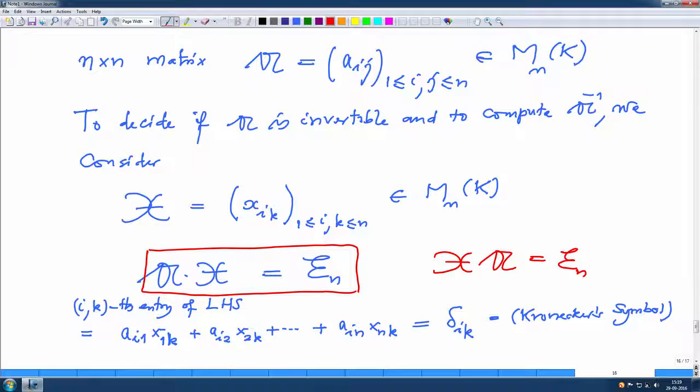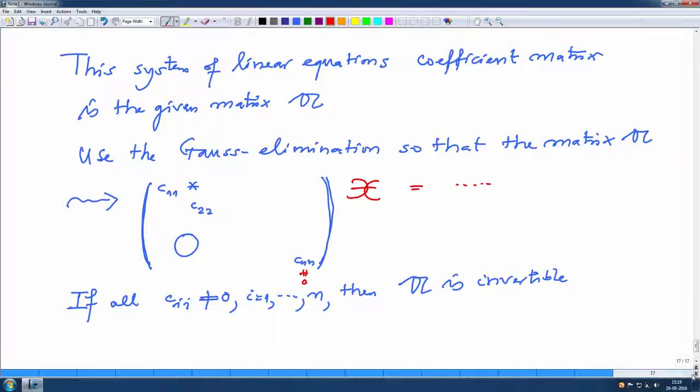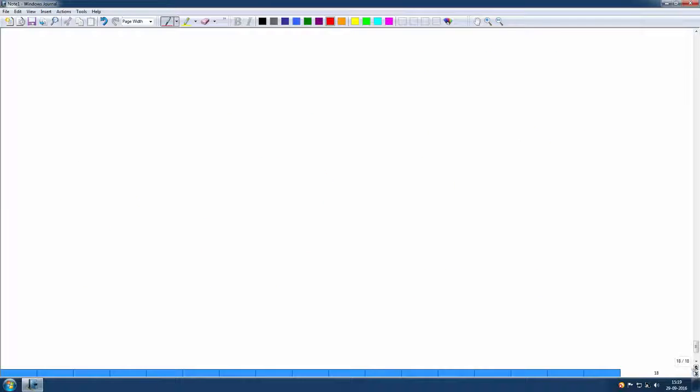So, with this I would not like to do a numerical example, but just one remark and then we can stop for today.